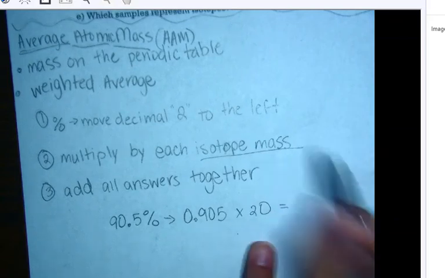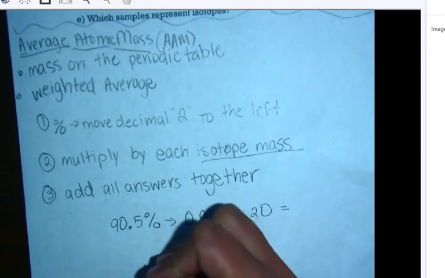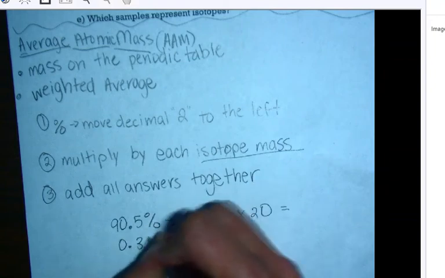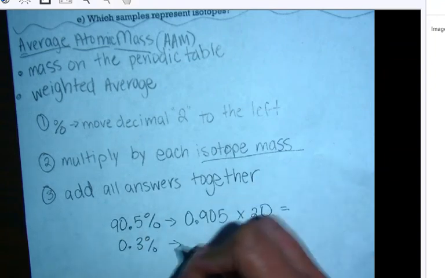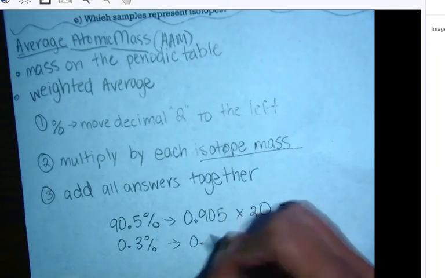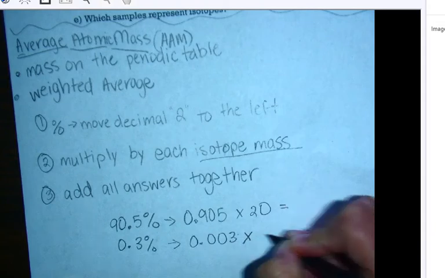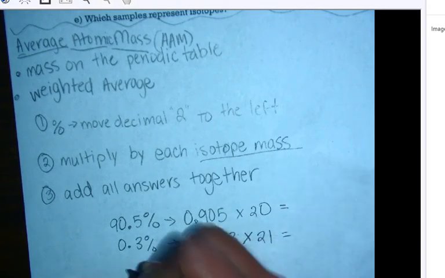So we're going to get that answer. Then the next one you have is 0.3%. So that's going to change to 0.003, and we're going to multiply that by its mass, which is 21. You're going to get an answer there. The last one is 9.2%.